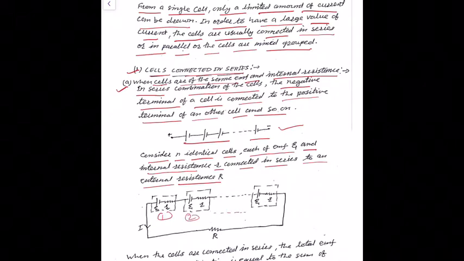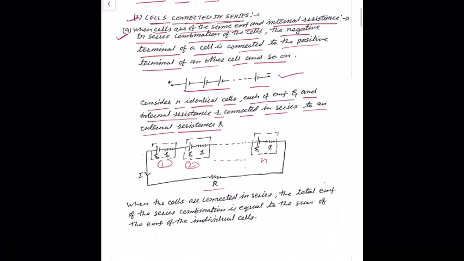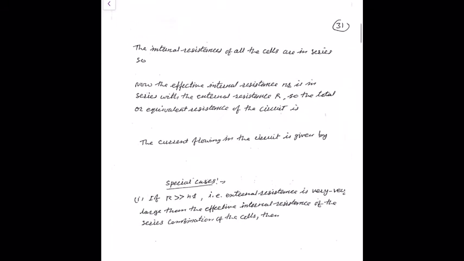First cell, second cell, and so on, nth cell connected to external resistance R. When the cells are connected in series, the total EMF of the series combination is equal to the sum of the EMF of the individual cells.